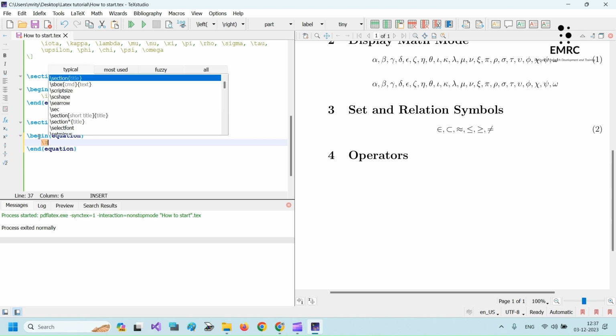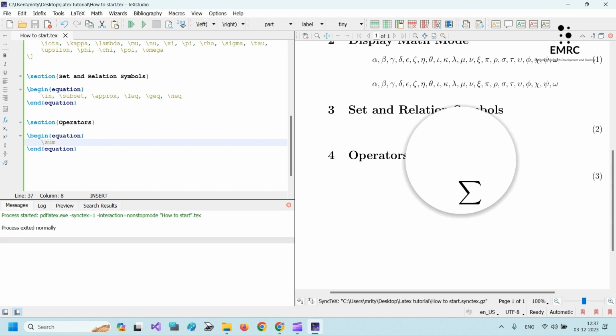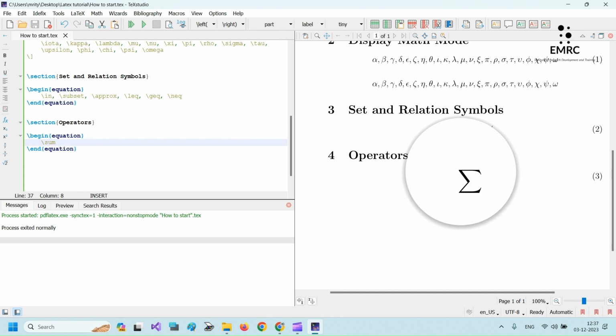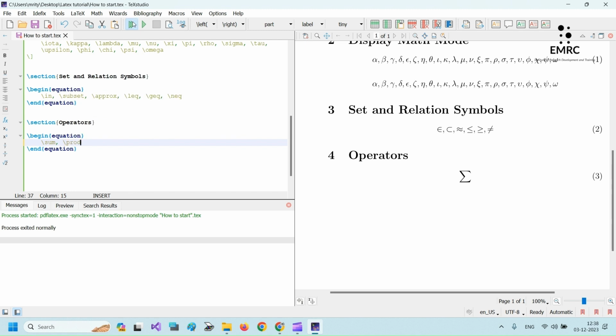Suppose we write sum. This is the summation sign. This is the summation symbol. Another one is product. We will write prod. This one is the product symbol.